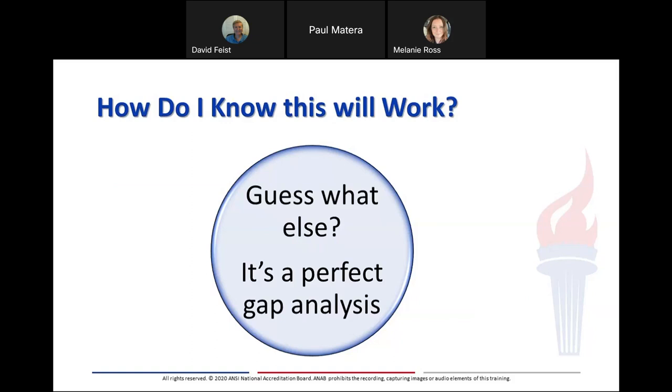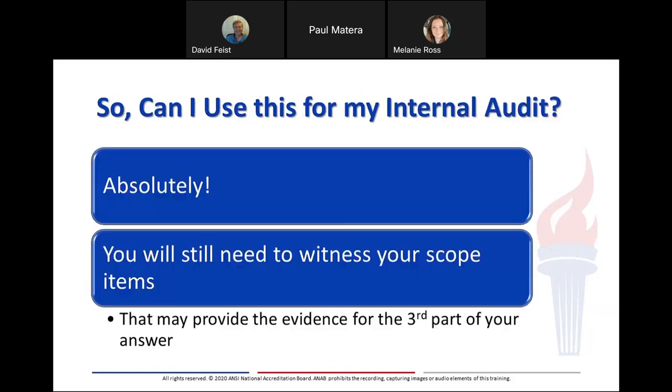As we said earlier, gap analysis, it can be used for that. An internal audit tool. So yes, you can absolutely use it for your internal audit. Most accreditation bodies are more than happy to allow you to use the checklist as your internal audit record. As your quality management system changes, you may want to record those on the internal audit version of the checklist you provide to help provide context and as a record of what happened and how we got here.